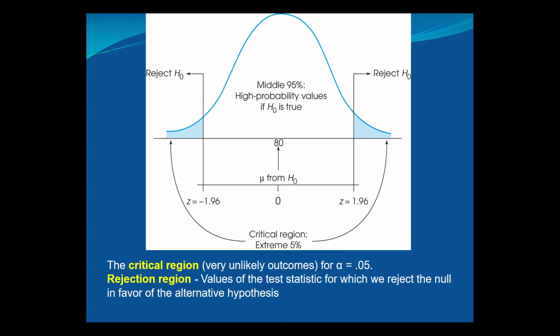Values of the test statistic for which we reject the null hypothesis in favor of the alternative hypothesis are called the rejection region. And on this slide you see two parts of the rejection region, and the cut points for these parts are z equals minus and plus 1.96.